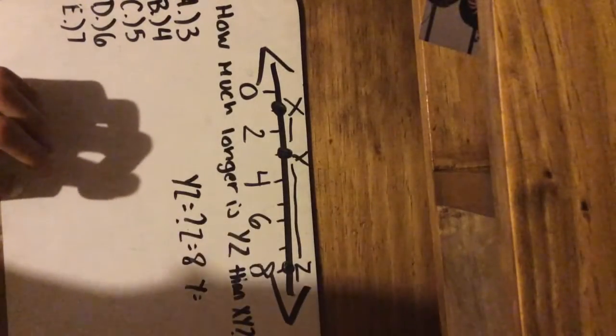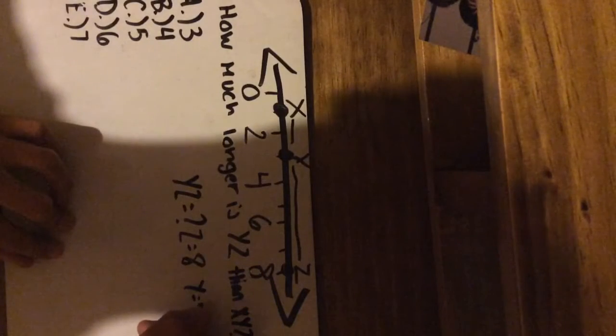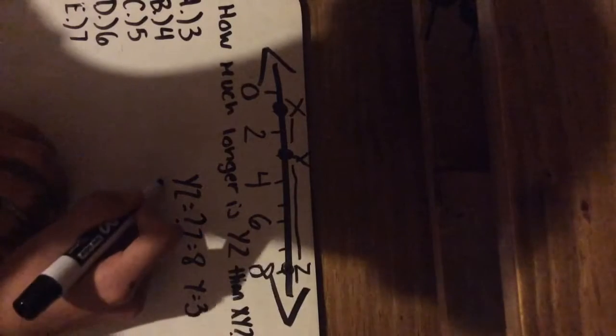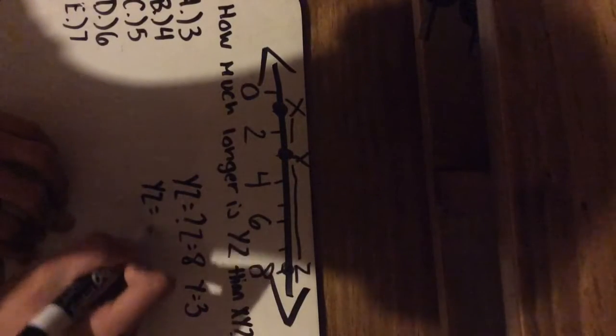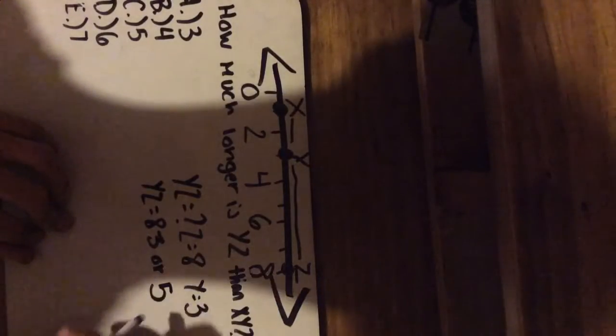But just from common knowledge, we can assume that right in between the 2 and the 4, because it's right in the middle, that's going to be 1, 3, 5, 7. So Y is going to equal, from prior knowledge, 3. Okay, so YZ is going to equal 8 minus 3, or 5.